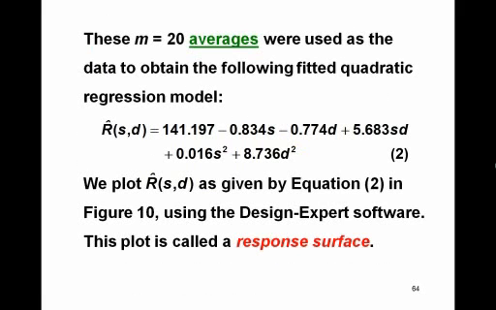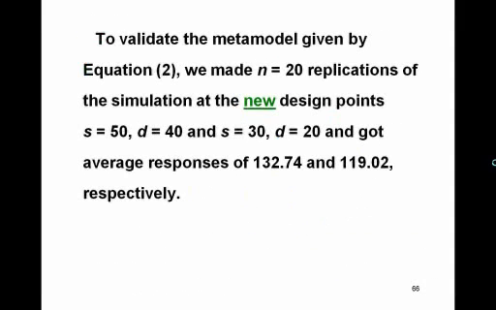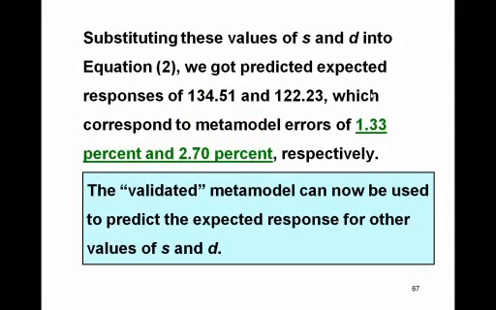Well, I can go back to our meta model, and I could plug in, for example, little s equals 50 and little d equals 40, and I'd get an r hat value. And what that comes out to be is $134.51. That differs from what we actually got from running the simulation by a mere 1.33%.